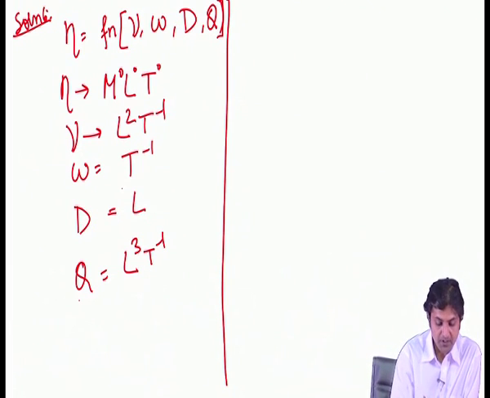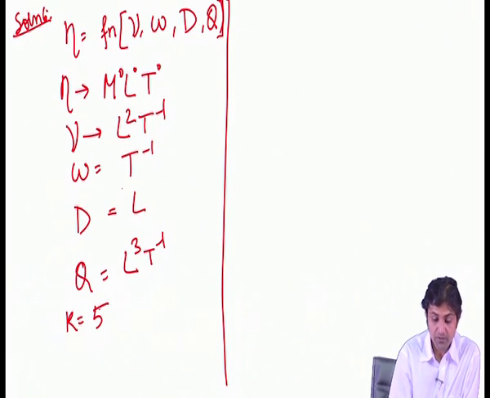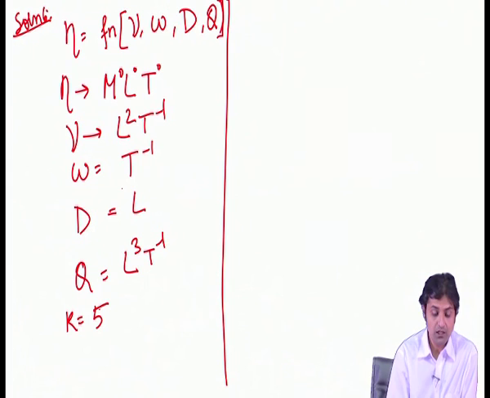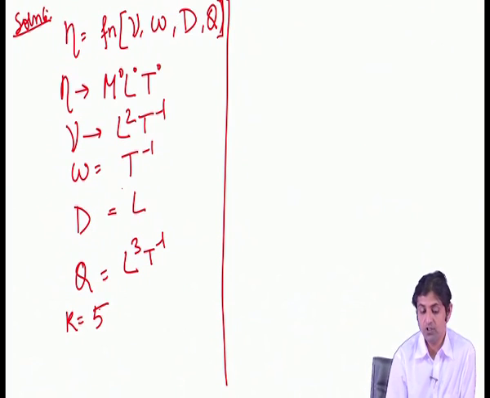And here how many variables are there? K is 1, 2, 3, 4, 5. And how many basic dimensions have been used here? So, you see in nu, omega, d and q, the dimensions that have been used are L and T. There is no mass, it is M to the power 0 in efficiency.